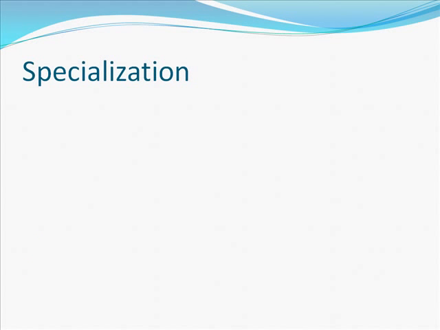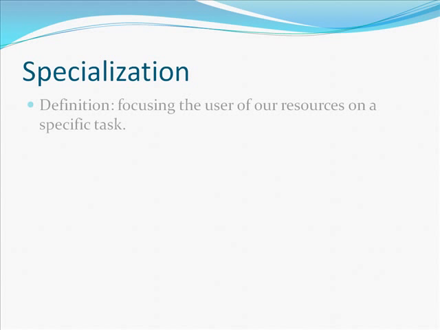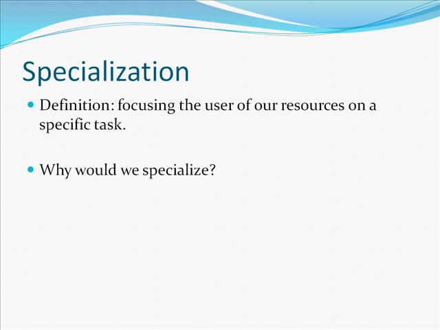The next concept in chapter 1 is what we call specialization, where we're focusing our resources on a specific task. Instead of trying to spread out our resources and grow corn, wheat, sugar beets, and oranges, we're just going to focus on corn, because it's beneficial to plant something that is good for your area.